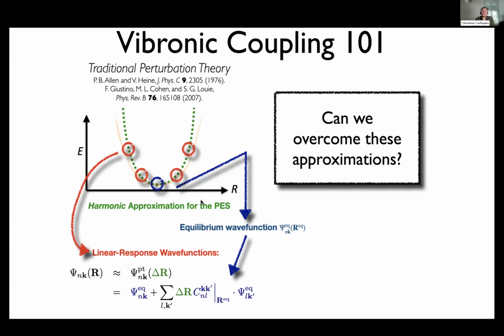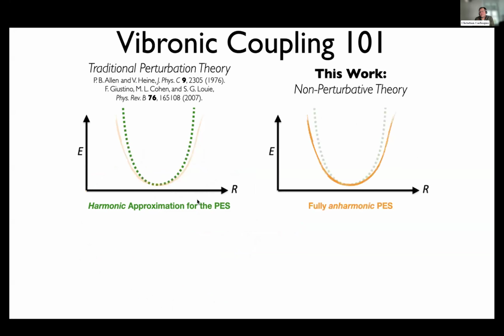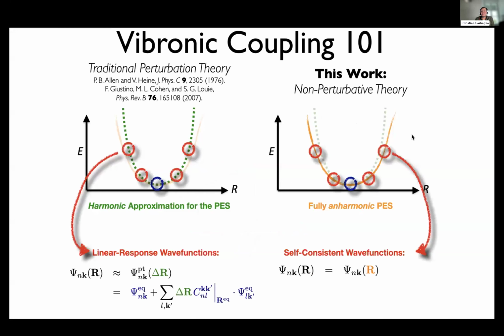So what we do here to overcome these approximations is to get rid of the harmonic one. That is clear. So we do full exploration of the path by ab initio molecular dynamics. But to then tackle also the electronic part, we rely on the self-consistent wave function. If we anyhow do ab initio molecular dynamics, we solve the Kohn-Sham problem at each of these points anyhow. So we have these self-consistent wave functions ready.